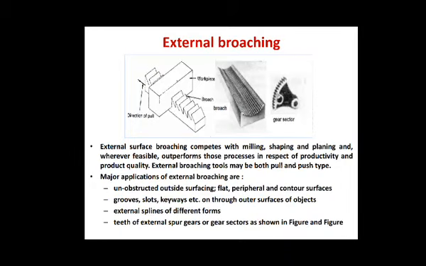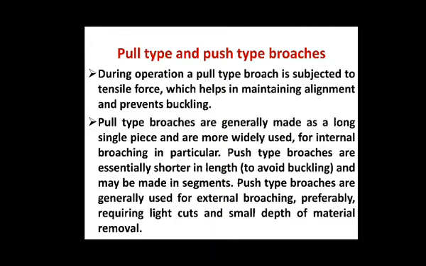Let us see next the pull type and push type broaches. Pull type broach is subject to tensile force, which maintains alignment and prevents buckling. Pull type broaches are made as a single long piece, and are widely used for internal broaching, and push type broaches are shorter in length to avoid buckling and made in segments.